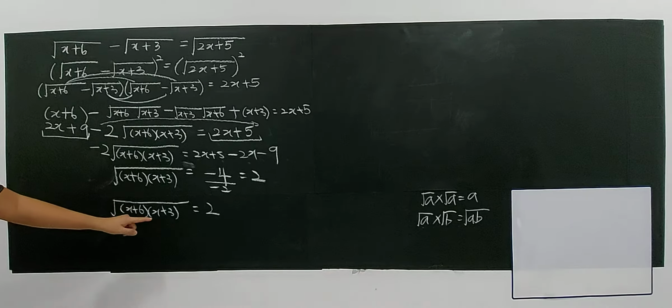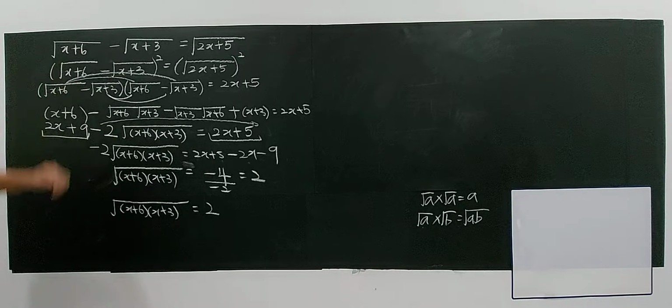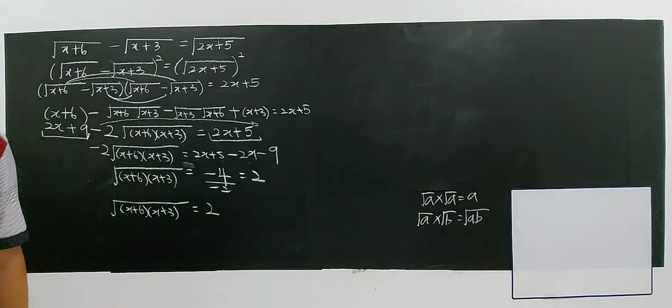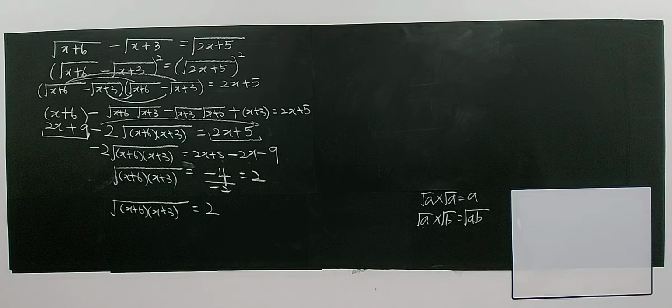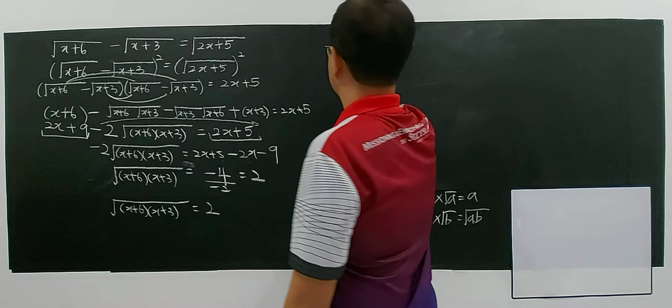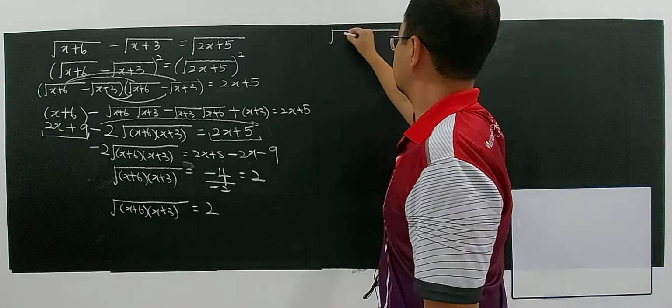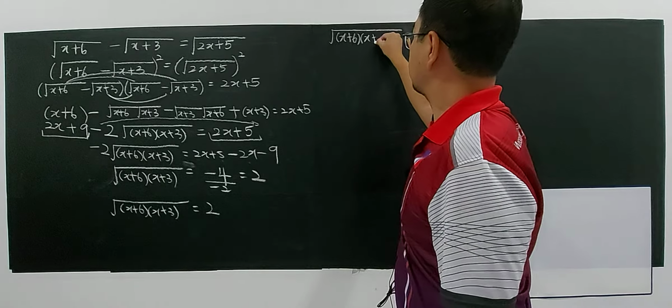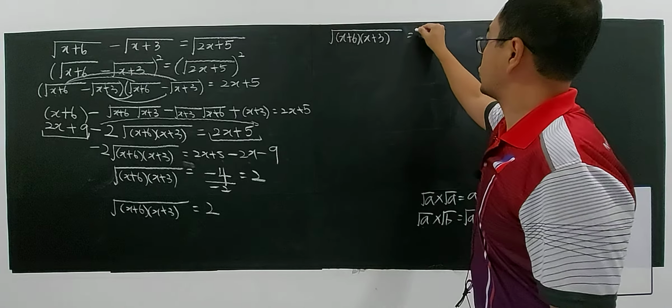This one is much simpler compared to before, right? But there is still a square root there. So you're going to apply the squaring of both sides one more time. So I copy this back: the square root of x plus 6, x plus 3 equals 2.